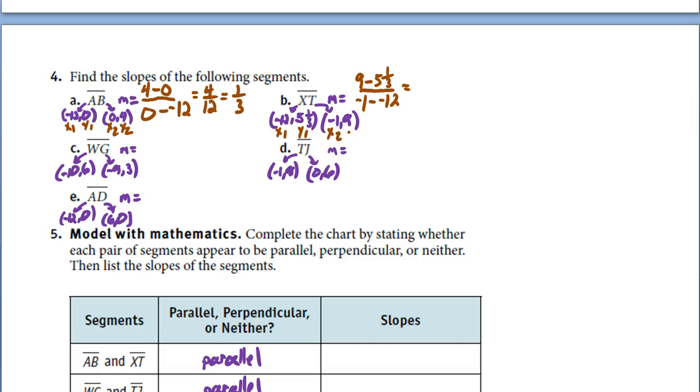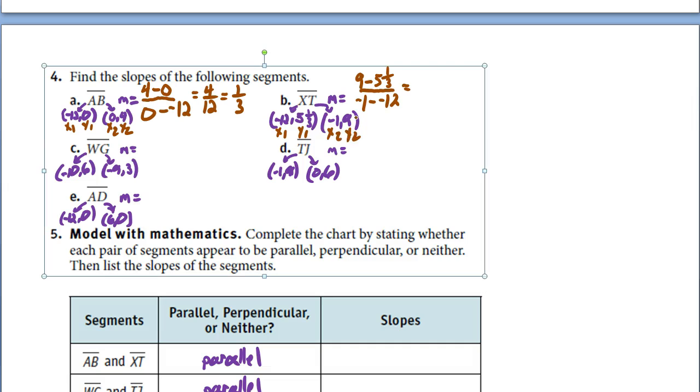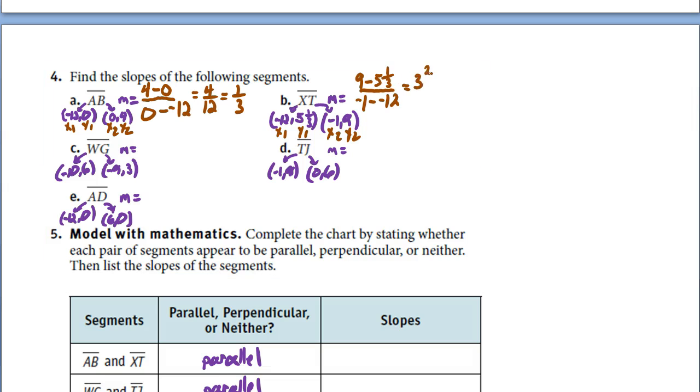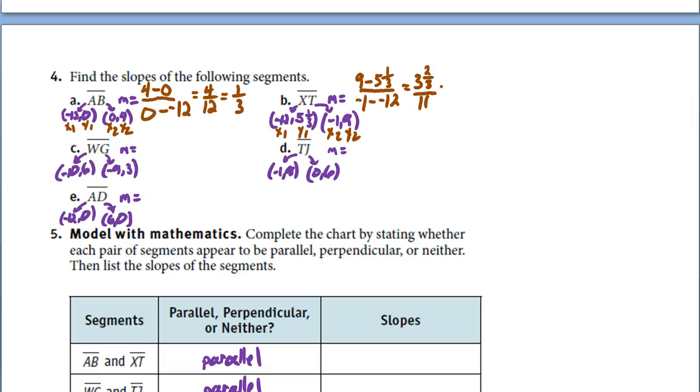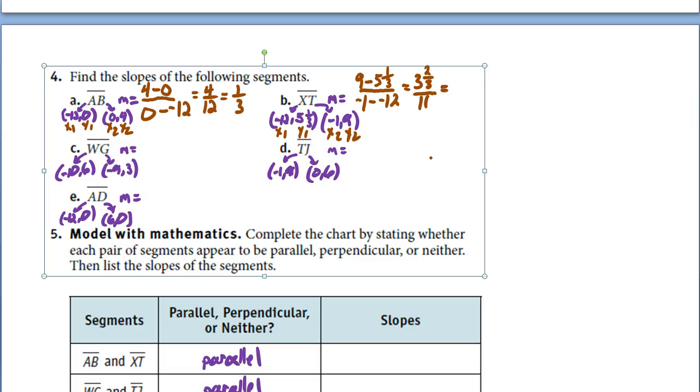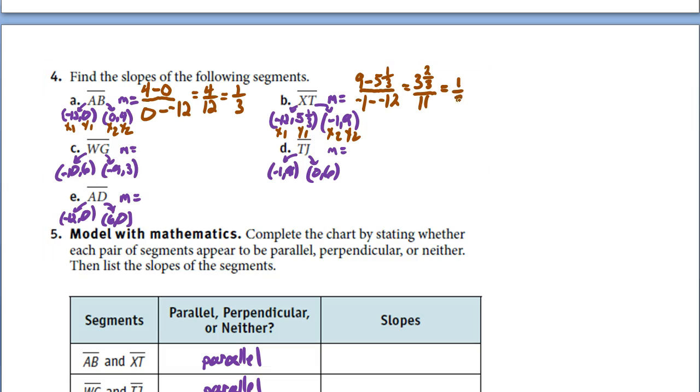This is x2 and y2, the x and y from the second point. So 9 minus 5 1/3 is 3 and 2/3. And -1 subtract -12 is 11. Let's do this division and get a final answer. This turns out to be 1/3.